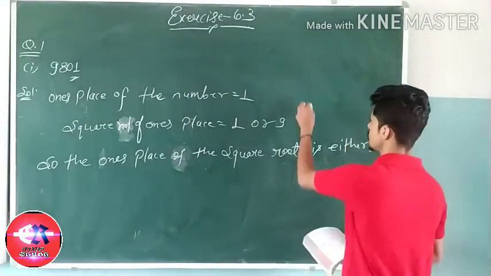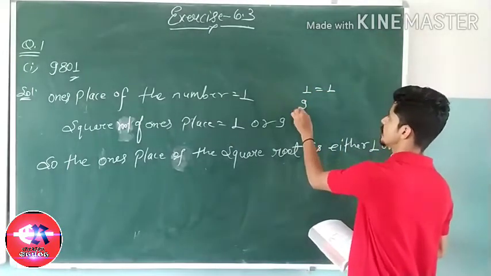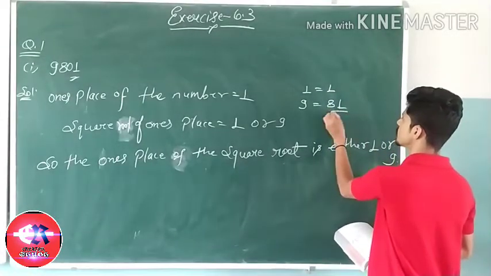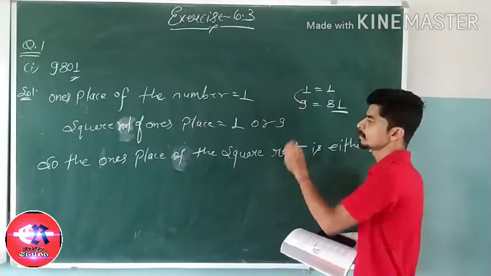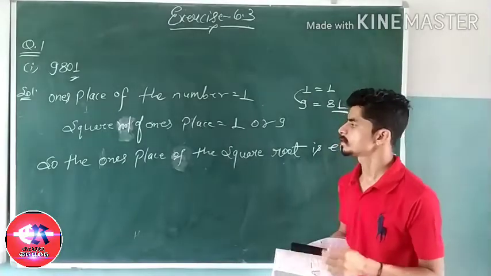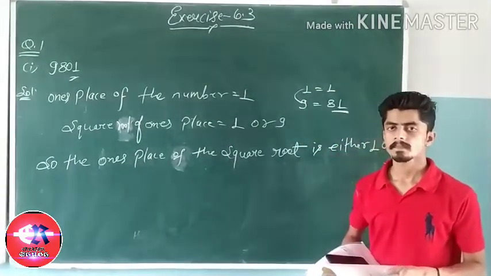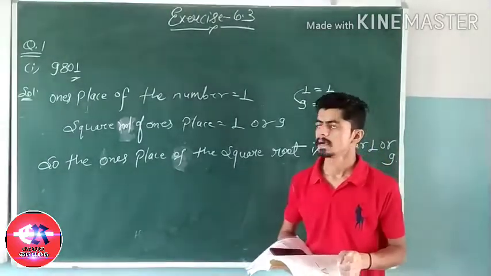If we square 1, we get 1, and if we square 9, we get 81, and the ones place of 81 is 1. That means in both numbers, 1 and 9, we get 1 at the ones place. So the square root will be either 1 or 9 at the ones place.